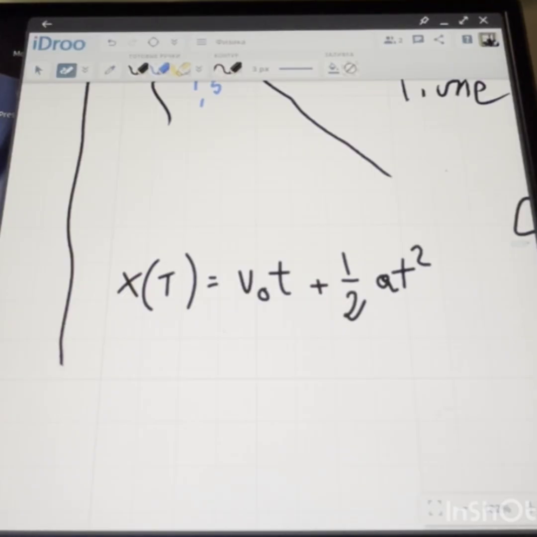Okay. Oh, wait, I actually do have a question. I'm really sorry for interrupting. That's fine. Go on. I don't really understand this equation.